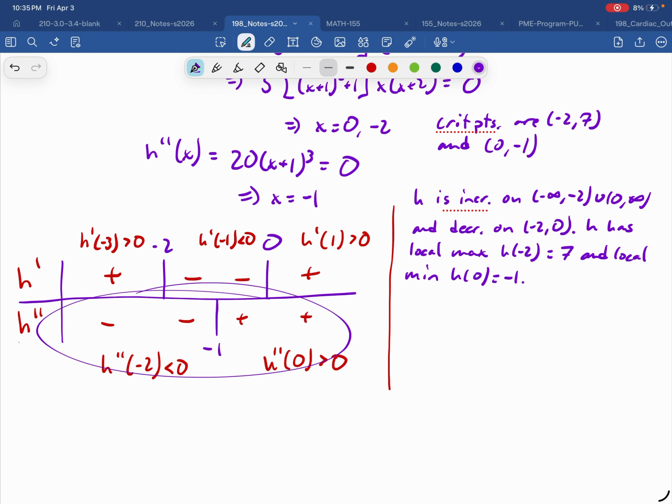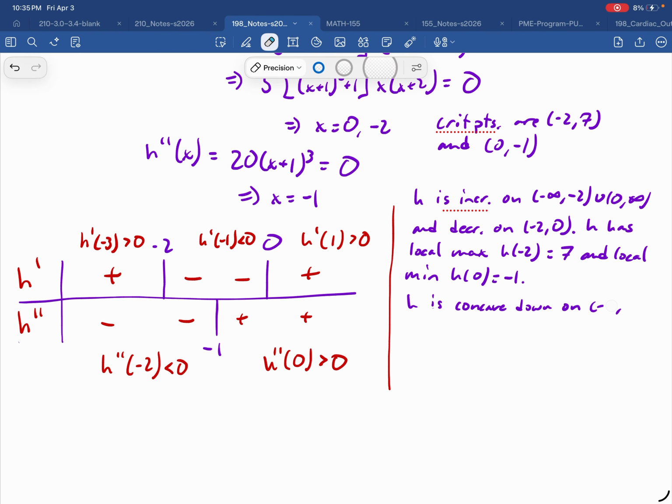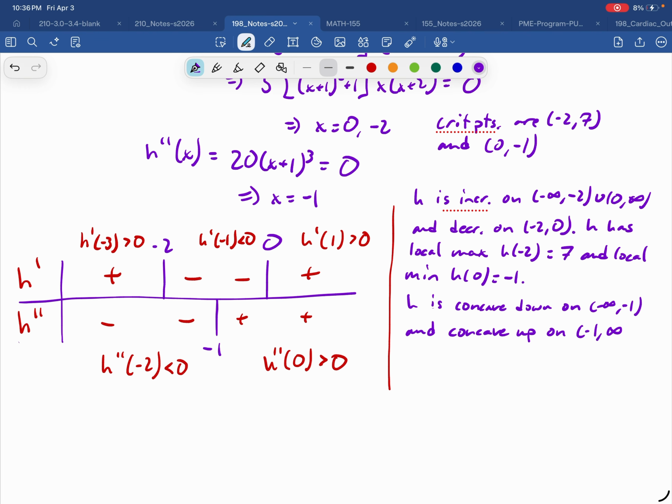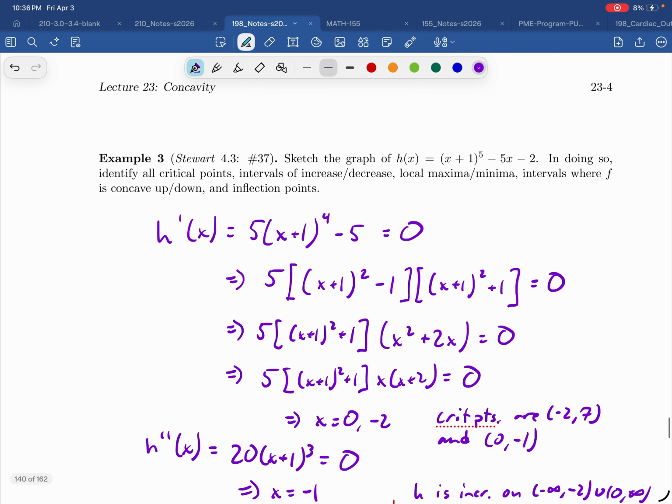Now we're looking at this part, right? H, I guess I should say, is concave down on -infinity, -1, and concave up on -1 to infinity, with inflection point -1, and then whatever h of -1 is.